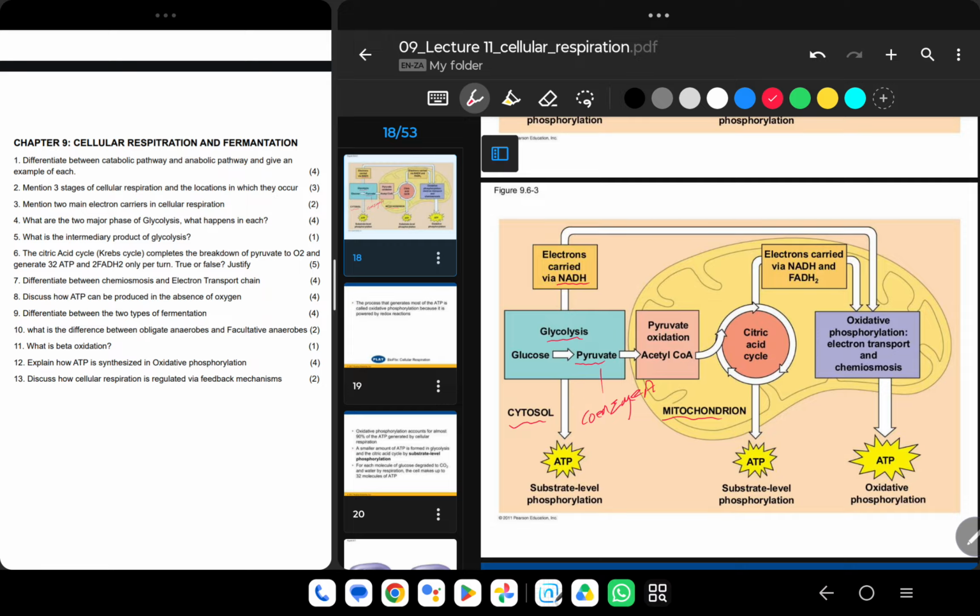Acetyl-CoA is the form that is allowed to enter the citric acid cycle, because pyruvate cannot enter the citric acid cycle by itself. It needs the help of acetyl-CoA. Those electrons carried by NADH and FADH2 go to oxidative phosphorylation, where the electron transport chain and chemiosmosis occur for ATP production.